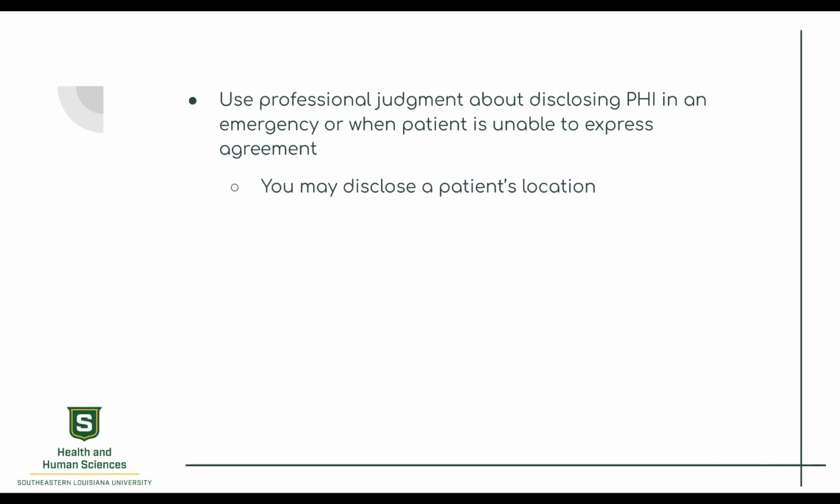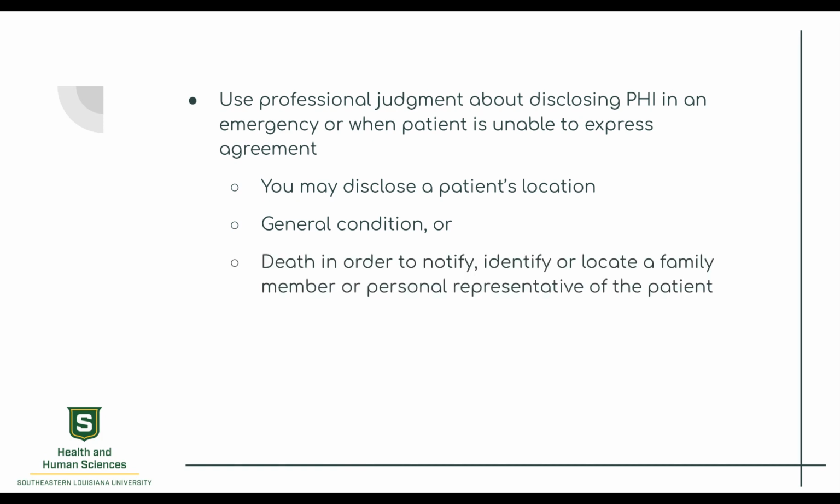It may be okay to disclose a person's location, their general condition, in terms of whether they're lucid or not, and stuff like that. Maybe in the case of deaths, who to notify or who to identify or locate a family member or personal representative of the patient. So you use your professional judgment to decide what is okay to disclose and what is okay not to disclose in things like that.